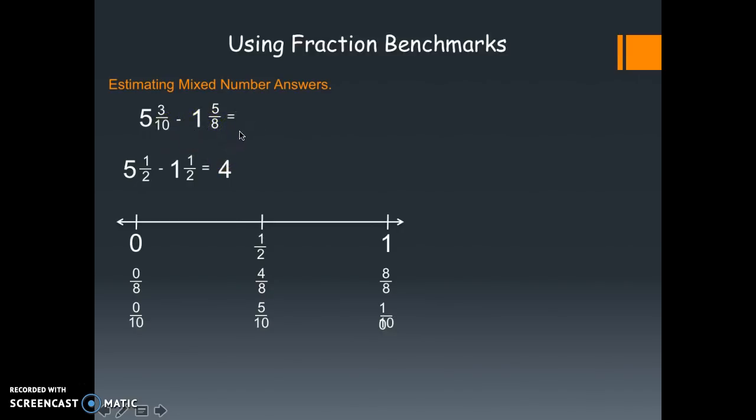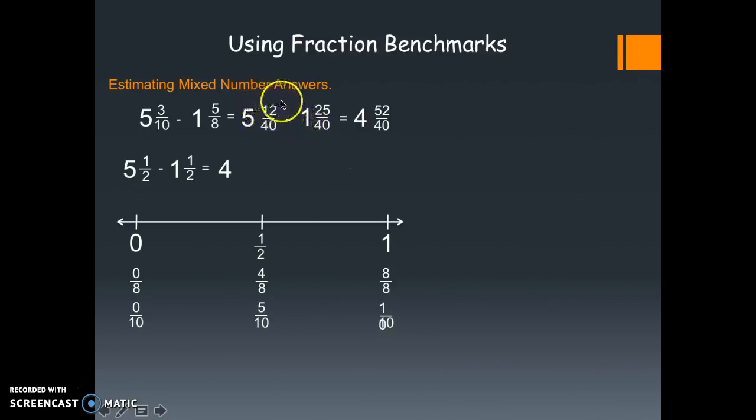Let's check it out. 10 and 8 both go into 40. So I'm going to use that for my common denominator. So when I multiply 10 times 4, 3 times 4, that's what I get. 8 times 5, 5 times 5. So I'm going to have 25/40. 12 minus 25, I can't do. So as we learned earlier, I'm going to have to borrow. So I'll end up with 4.